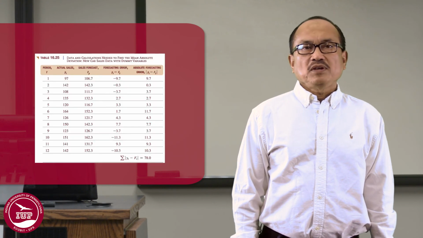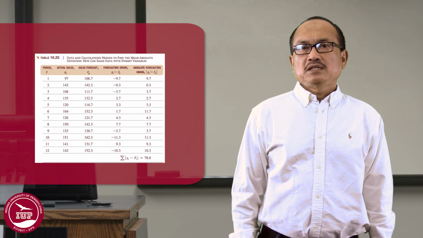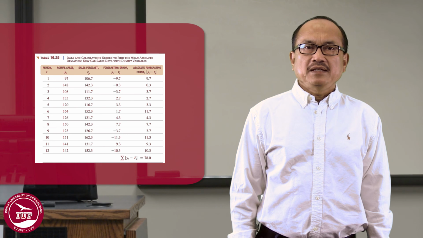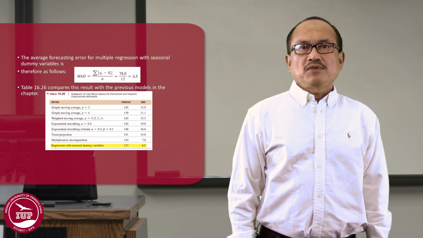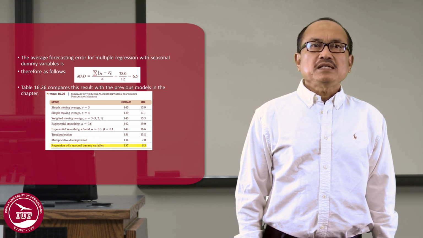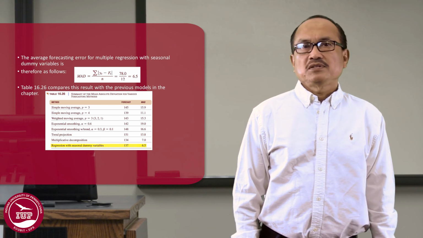Table 16.25 shows the forecast for the remaining quarters along with the forecasting error for the MAD calculation. The average forecasting error for multiple regression with seasonal dummy variables is therefore as follows.